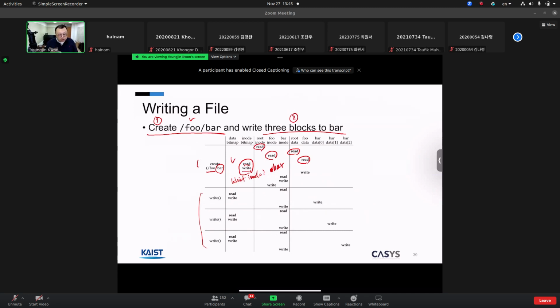Let's say the bar inode is decided. Then first the bitmap update. Then you have to allocate the inode, which is this one.